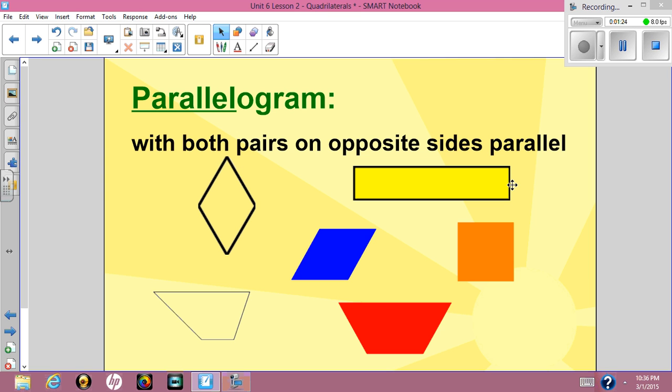It also fits the category. This rhombus has 2 parallel lines here and 2 parallel lines there. It also fits. Here's a square. It has 2 sets of parallel lines, and it fits the category of a parallelogram.